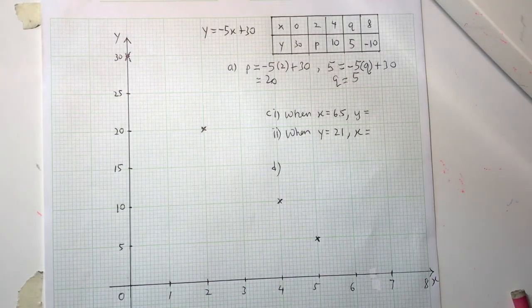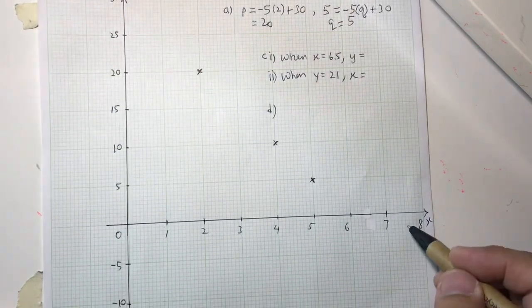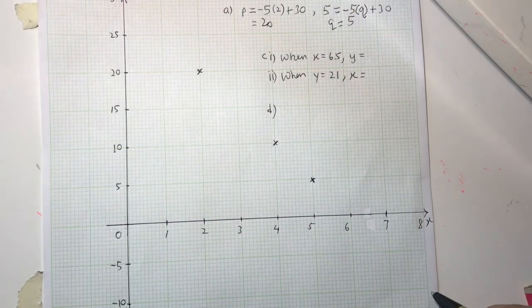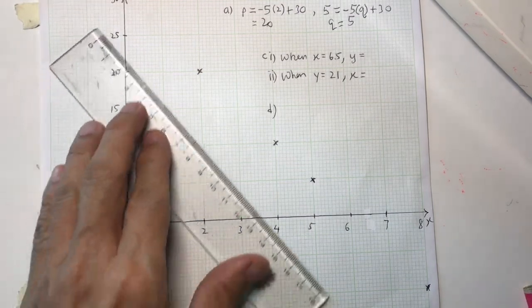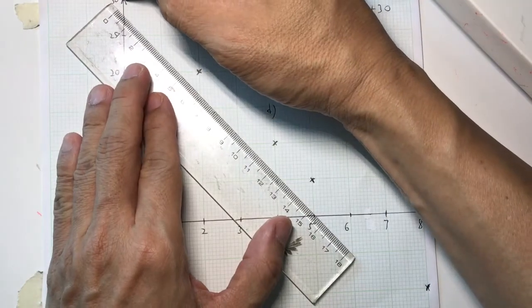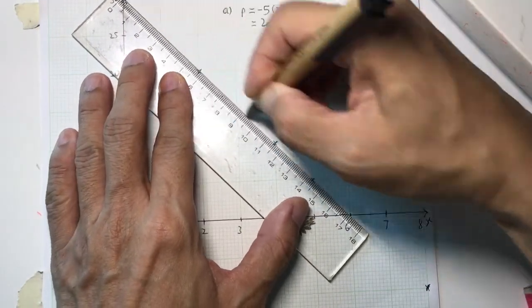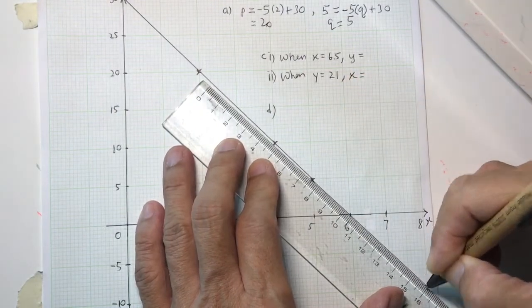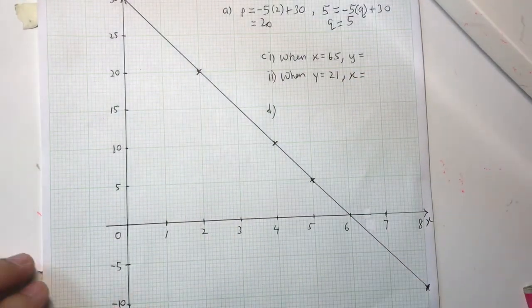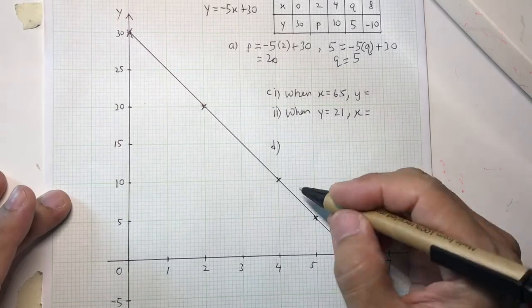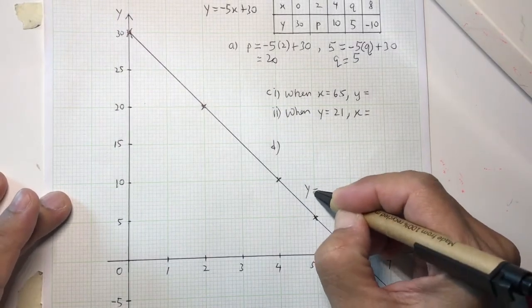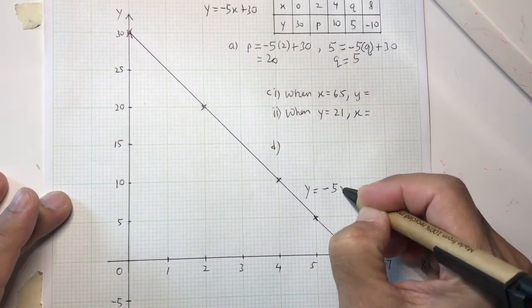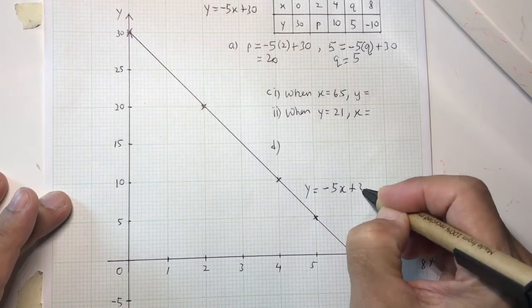So 8 and negative 10 is below. So now we join the line. And we have to label it as y equals negative 5x plus 30.